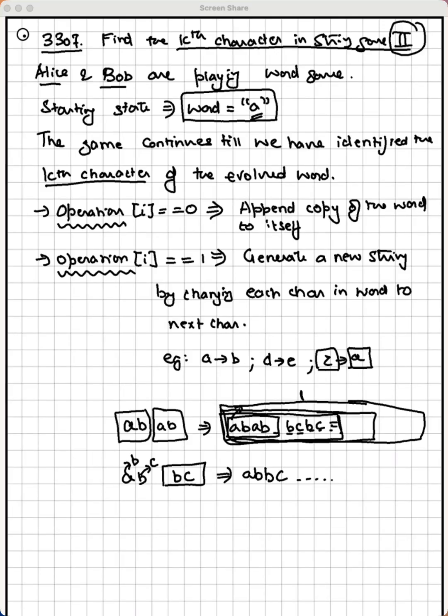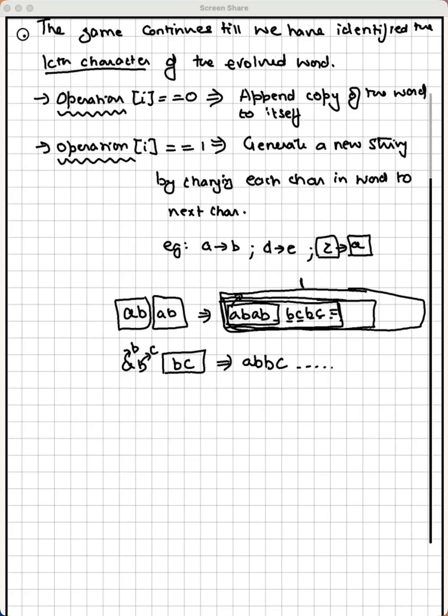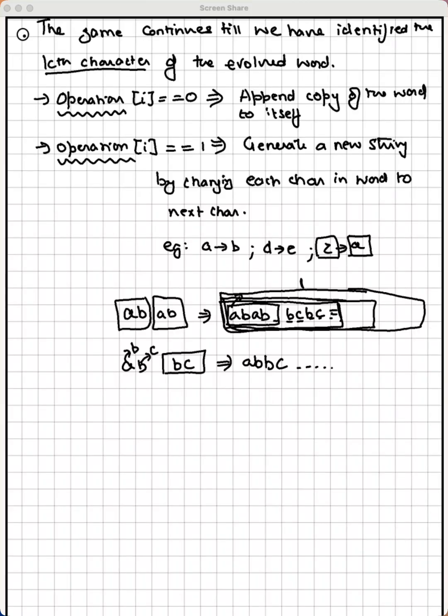Now this problem becomes hard because of the constraint. So let me tell you the constraint. The constraint says that we are looking for k which ranges from 1 to 10 power 14. What this means is we are looking for the kth character in a word.